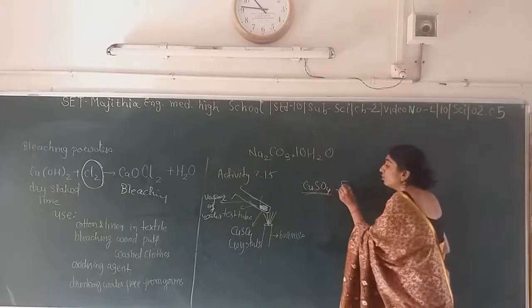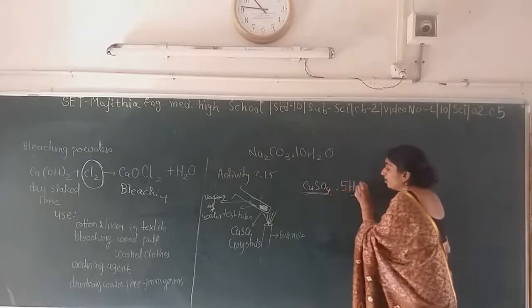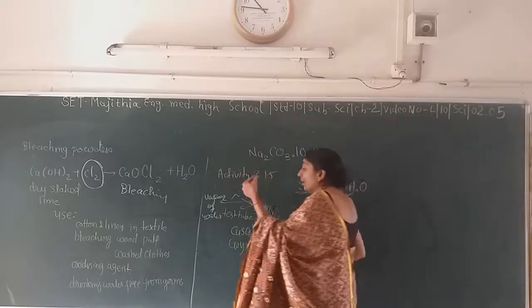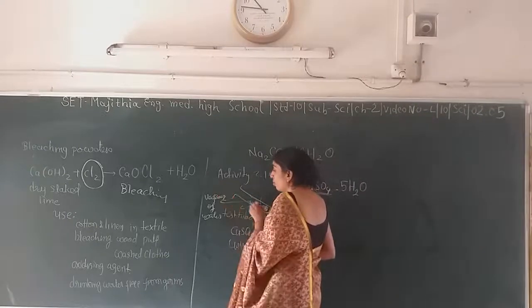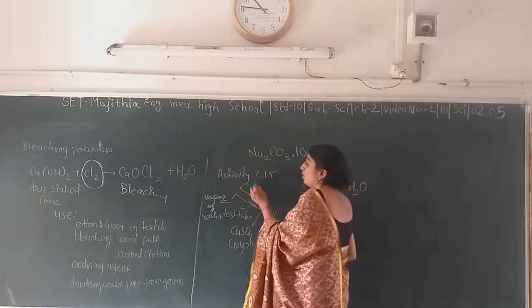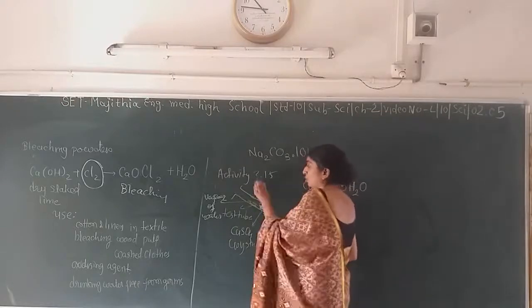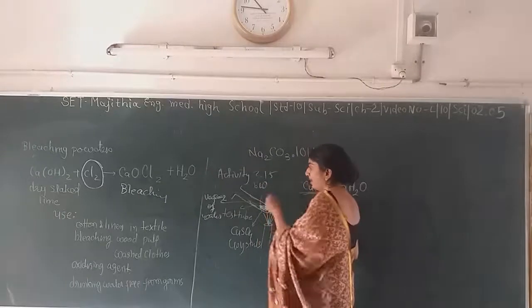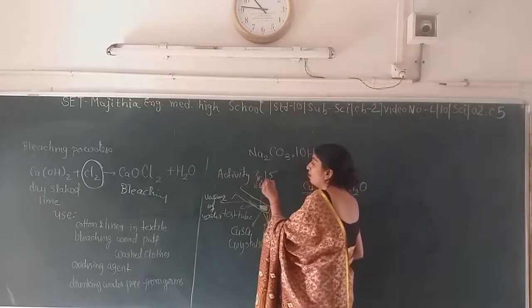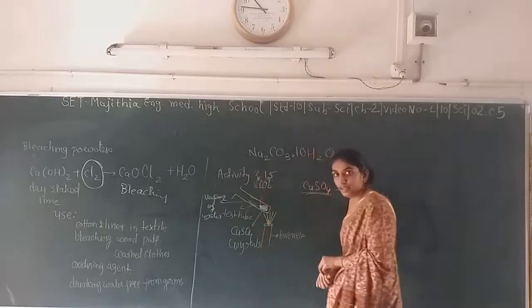Actually, CuSO4 has 5 water molecules attached to it. If I again add a certain amount of water, it changes color from white back to blue. Blue to white when heating, white to blue when adding water.